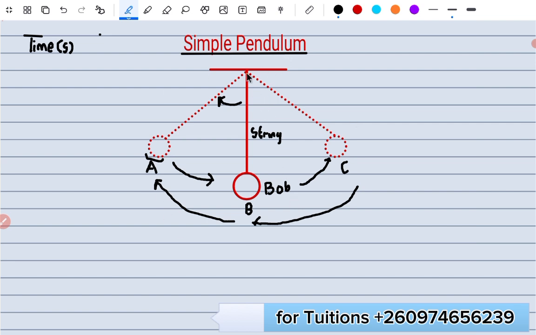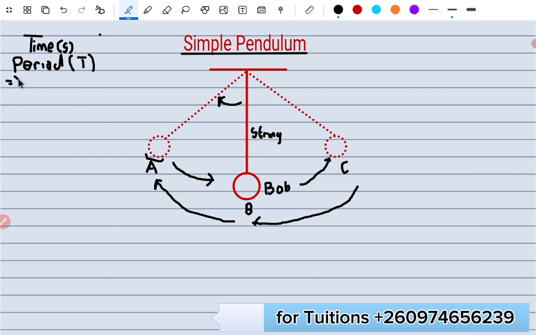There are a number of interesting things here that we can talk about. For example, we have what we call the period. The period under this pendulum is denoted by the symbol T, and it is measured in seconds as well. So what is the period?